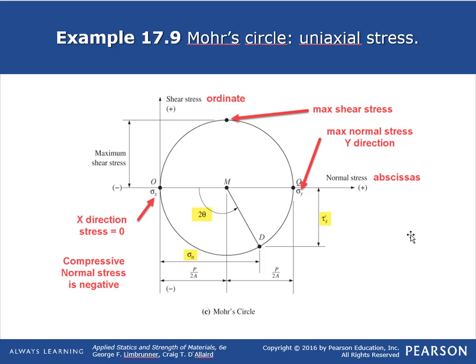In this particular case, our maximum normal stress in the y direction is sigma y, that is P over A, and the center of the circle is at P over 2A. We have no stress in the x direction, so this is 0.